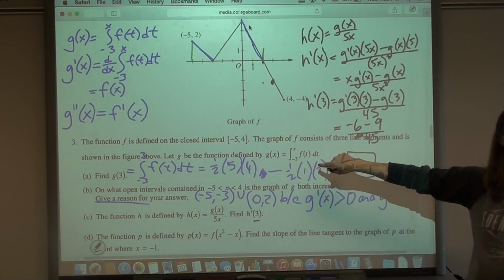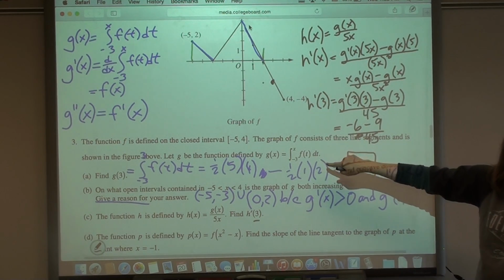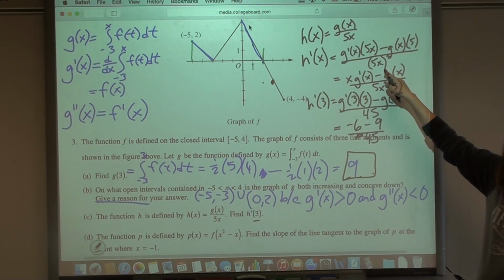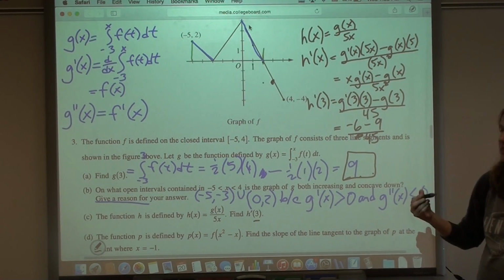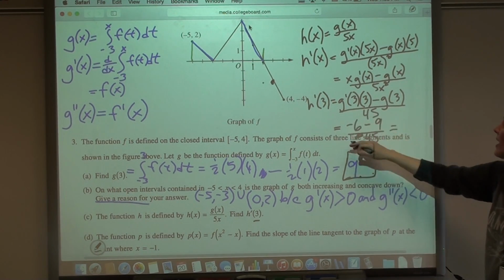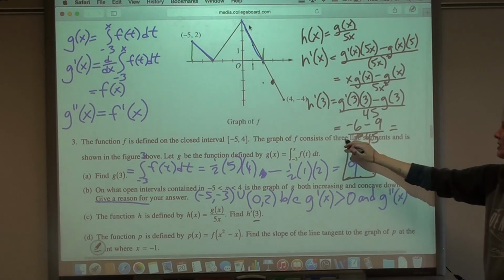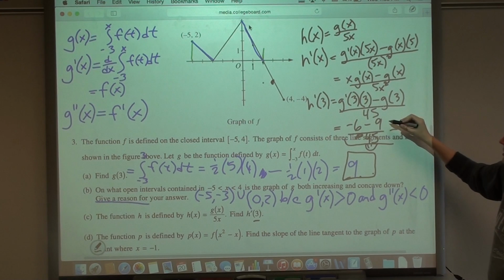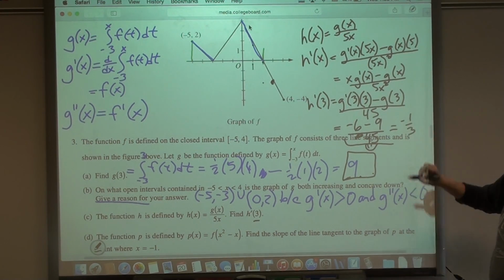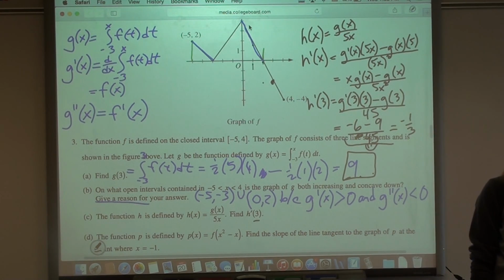If you had to find a function and then use it, and you changed the function, they're not as nice about it. But as long as it's correct based on your answer from part A, you get full credit. Numerically equivalent to correct is correct. So anyway, it's negative of 3.